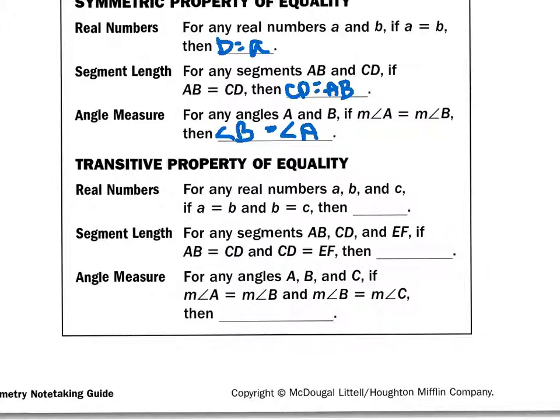So if one train car is pulling the next train car and that train car is actually pulling the third train car, then the first is pulling the third. So if we know that A equals B and B equals C, then we can also say that A equals C. And then same thing with segments again, and with angles.